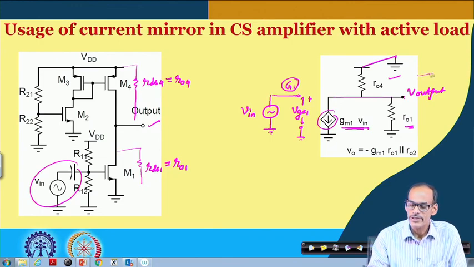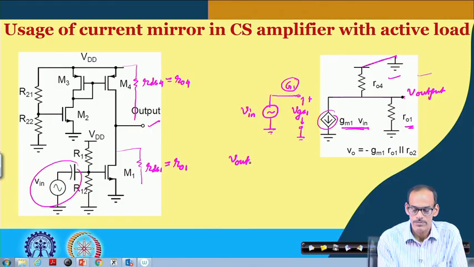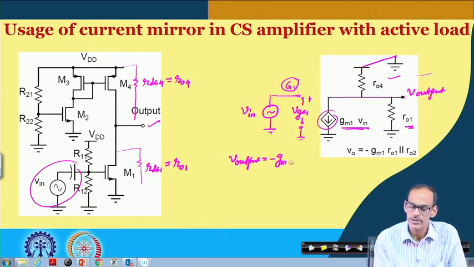Now, analyzing this circuit, what we can get is V output equals the current flow, with a minus sign of course, with this convention of current direction. So, this is GM 1 into V in multiplied by RO 1 in parallel with RO 4.